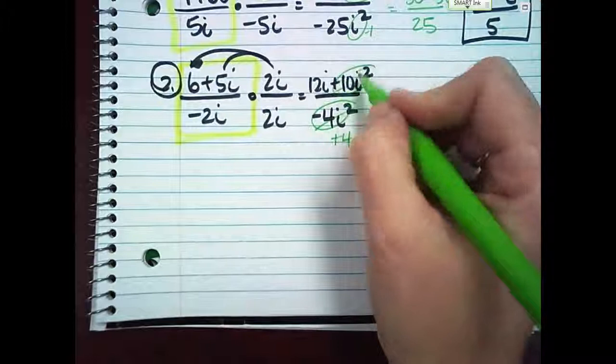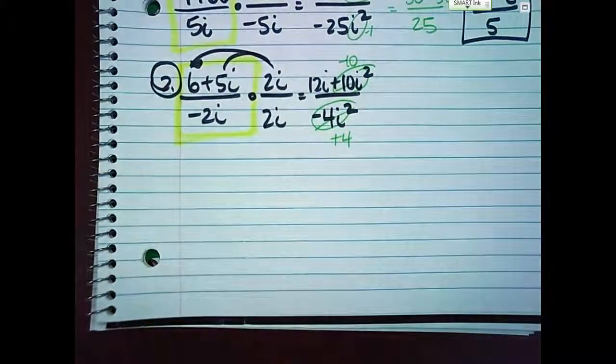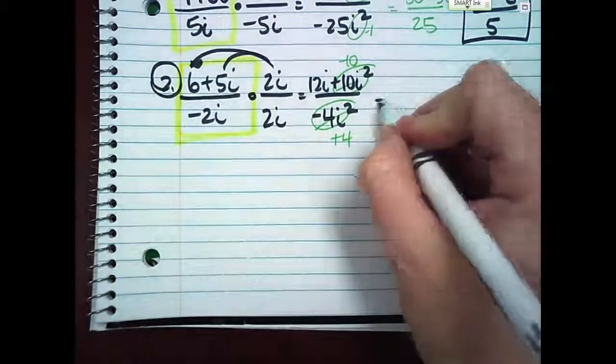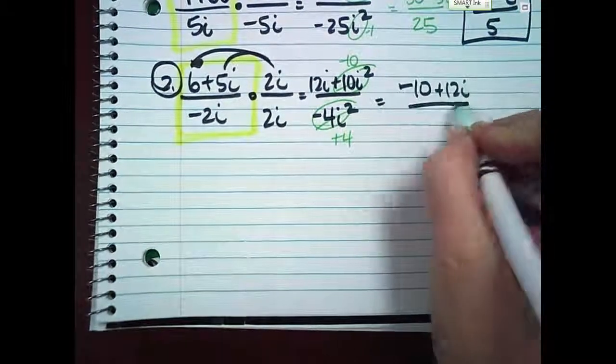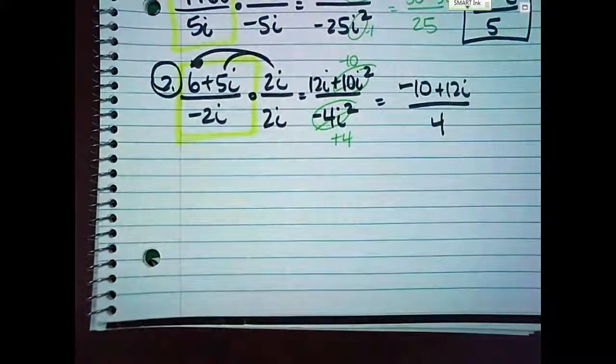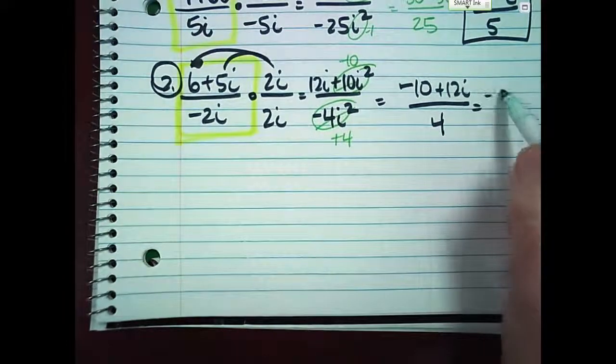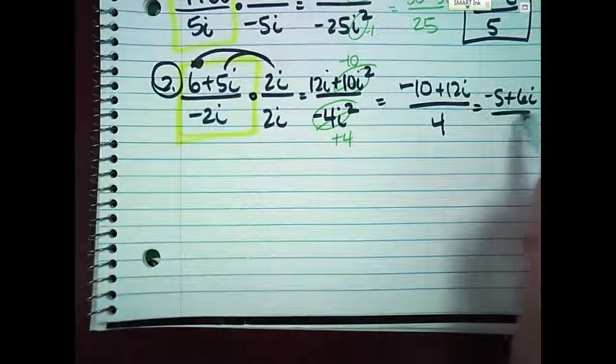This has a value of negative 10. In the numerator, we have negative 10 plus 12i divided by 4. What fits into all three of them? 2. Excellent. So now I actually have negative 5 plus 6i all over 2.